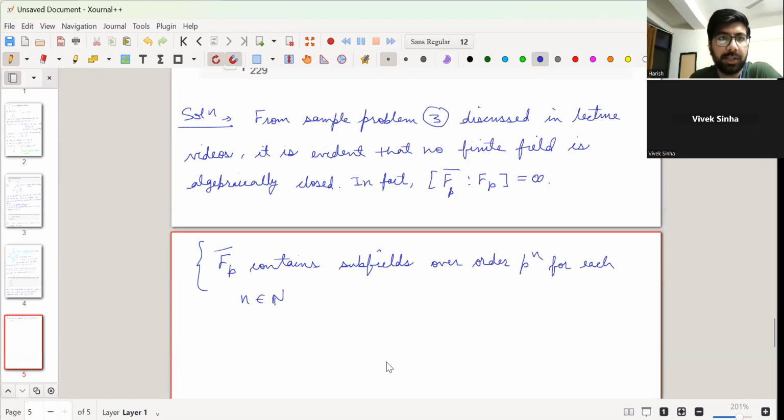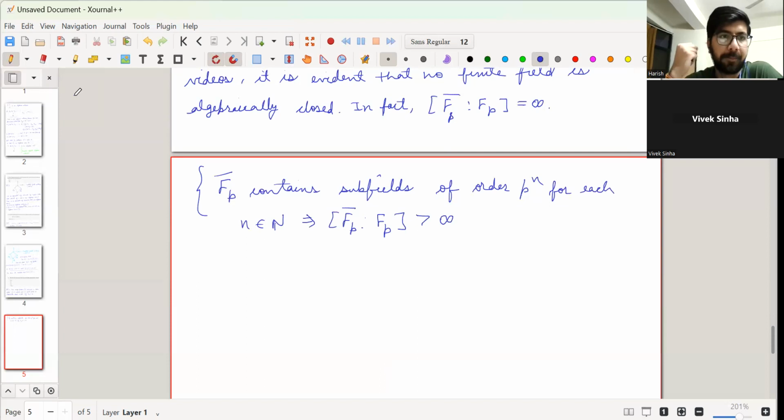So it contains subfields of order p raised to n for every n belonging to N. And this implies that F_p closure over F_p is of infinite degree, right?